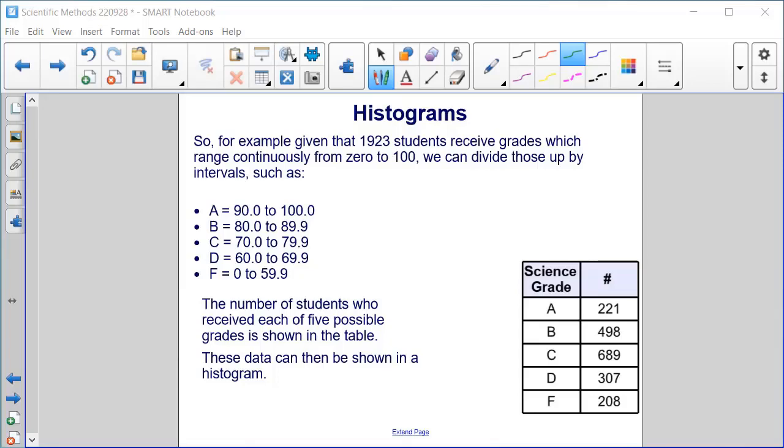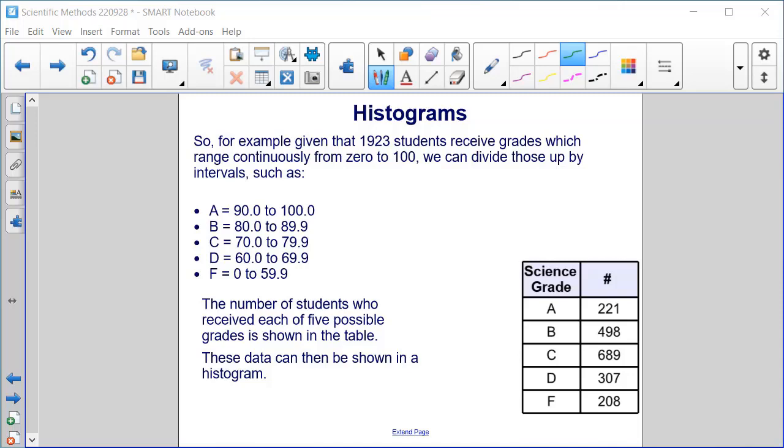So, let's say, for example, that we were given 1,923 students that were to receive grades which range continuously from 0 to 100. We can divide those up by intervals, such as A equaling 90 to 100, B equaling 80 to 89.9, C 70 to 79.9, D 60 to 69.9, and F 0 to 59.9.